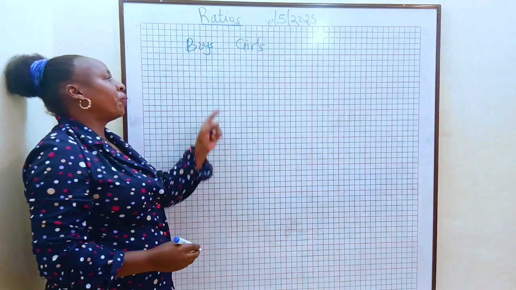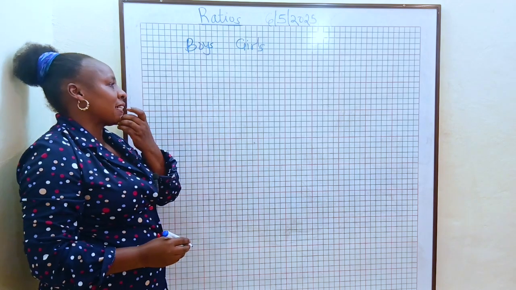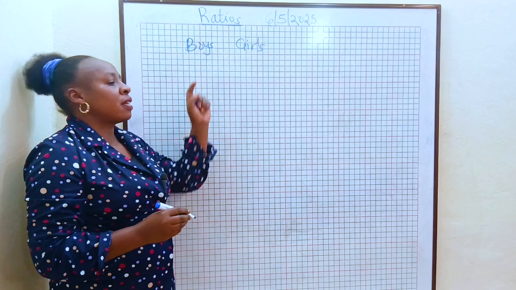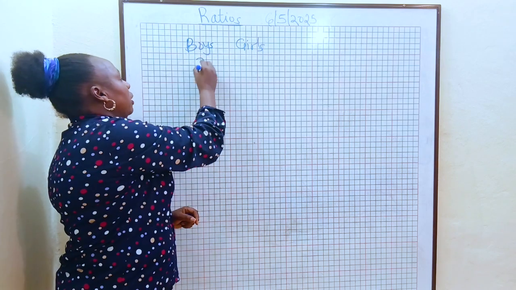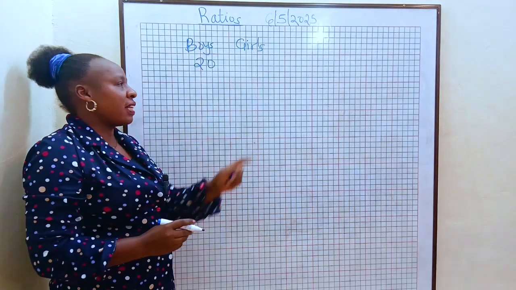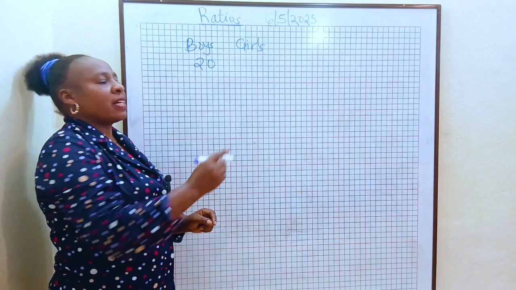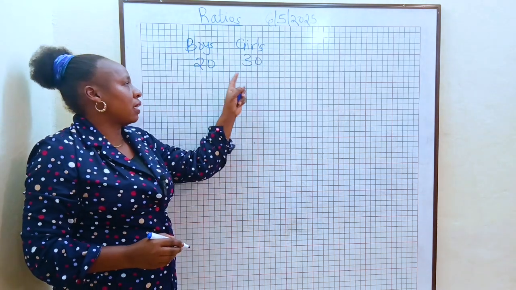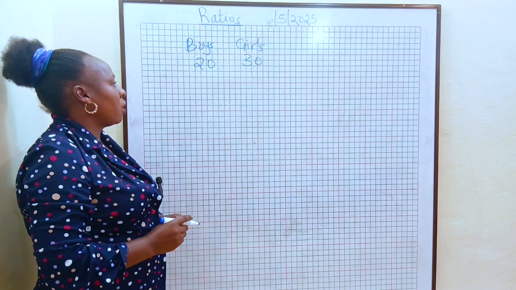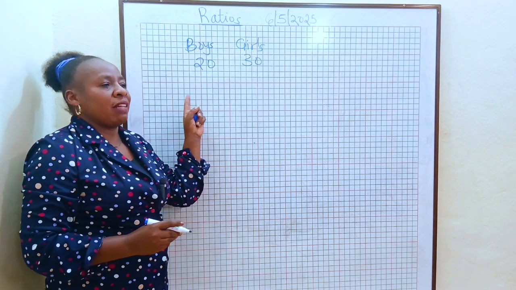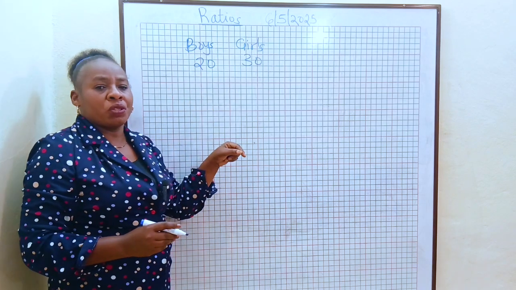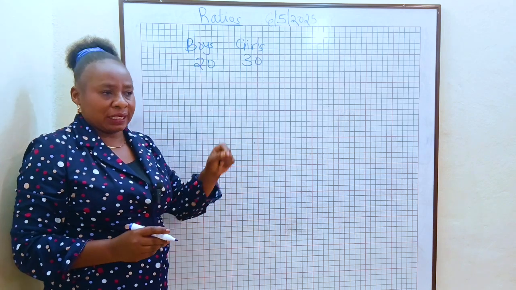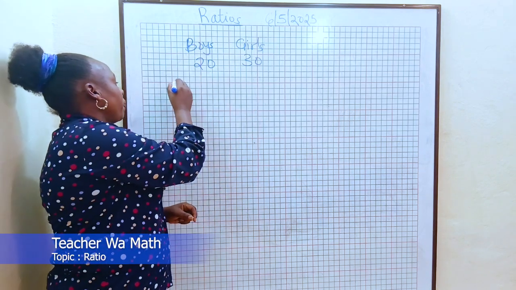For example, we are told in that class there are 20 boys, and in the same class there are 30 girls, making the total number of pupils in that class. And then we can ask ourselves, what is the ratio of the number of boys to girls in that class? And this is very simple.